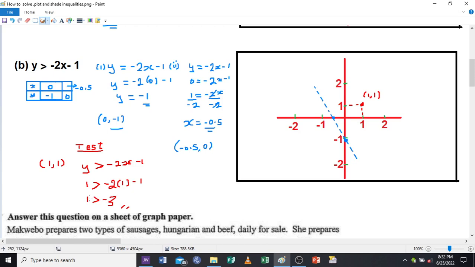This says 1 is greater than negative 3. Now is that true? You need to ask yourself, is it true? Is it true that 1 is greater than negative 3? The answer is yes. 1 is greater than negative 3. Remember, positive numbers are always greater than negative numbers. So yes, it is.